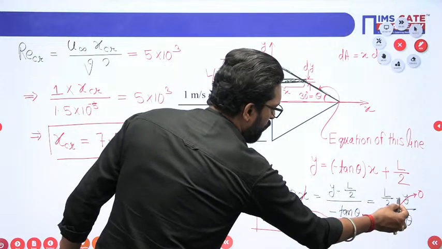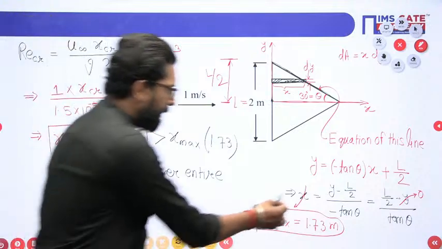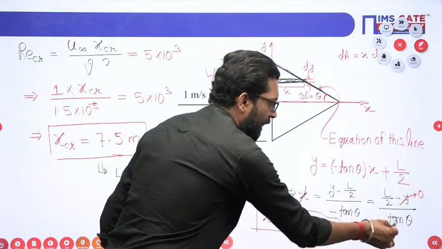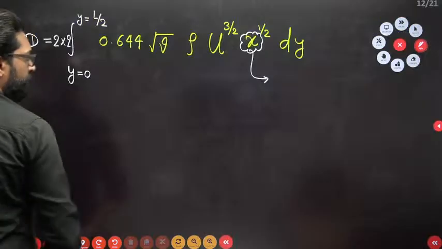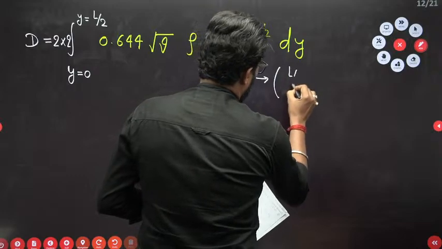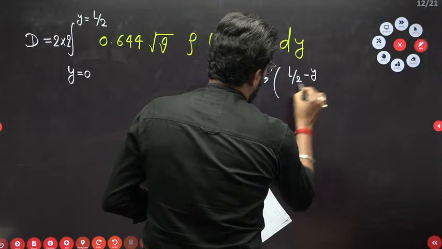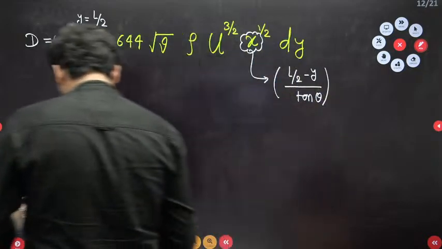Already you know that x is equal to (L by 2 minus y) divided by tan theta. Just put this value here: (L by 2 minus y) divided by tan theta. Put this value here.